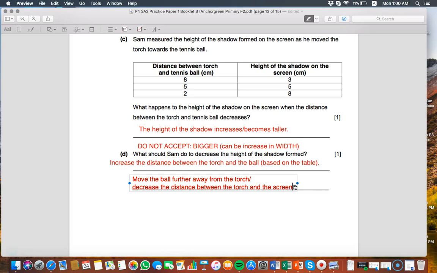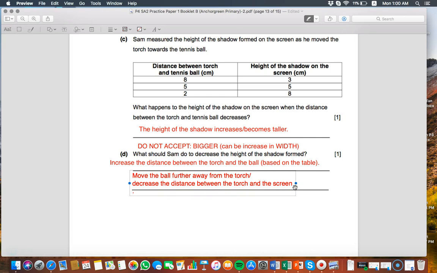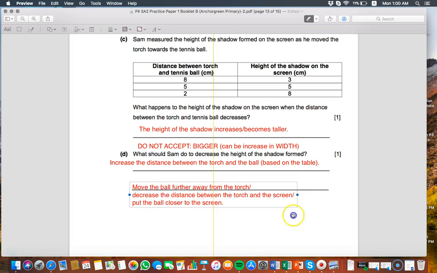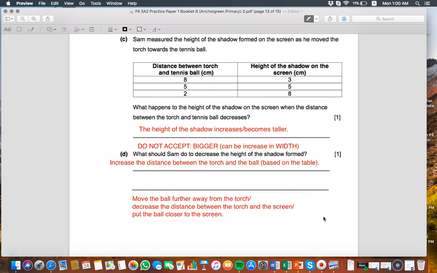Lastly, you can say put the ball closer to the screen. So there are 4 possible answers.